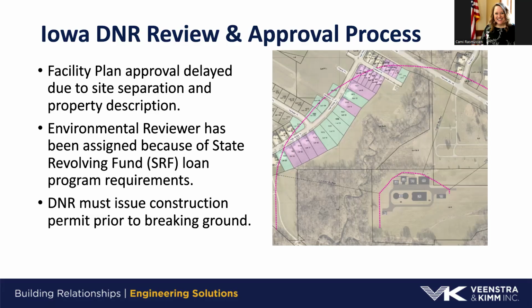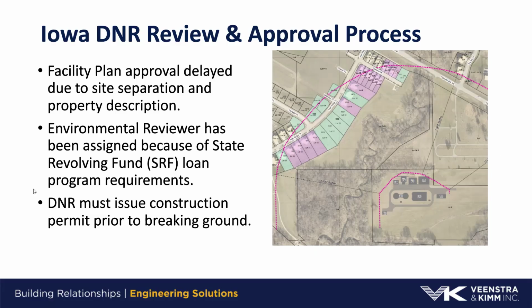As part of this, because of the funding we mentioned already, we're doing the environmental review process, and there has been a reviewer assigned. They handle some of the review, but not everything.